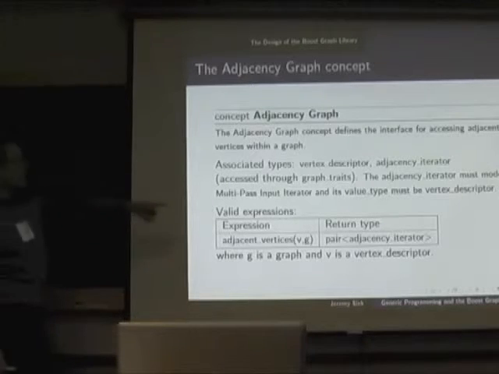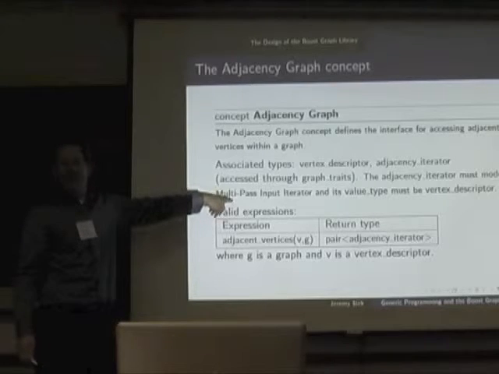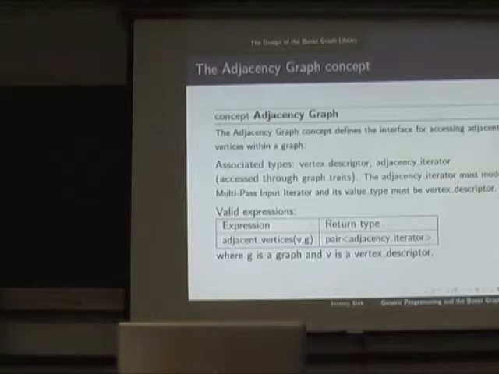Now, actually, here's an interesting question. This multi-pass input iterator, you probably haven't heard of that, right? I'll tell you a little bit about that. Let's call it MP iter. It comes in between forward and input.